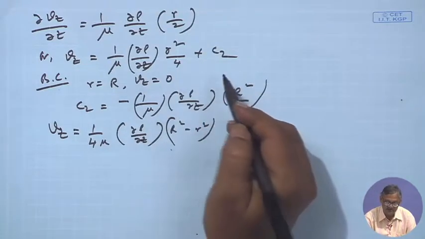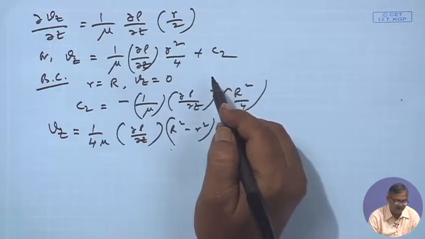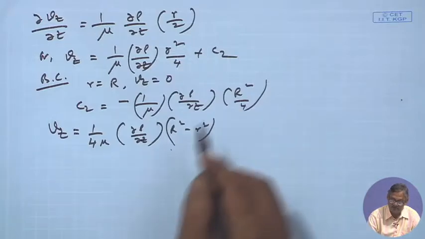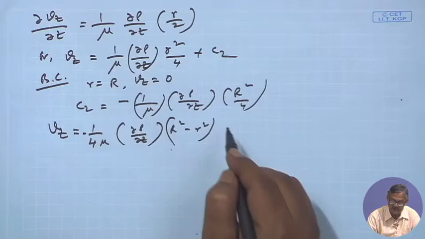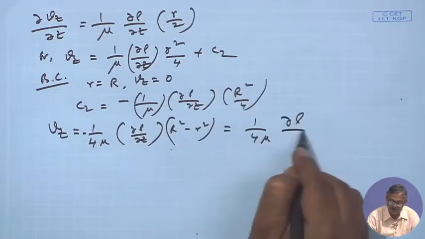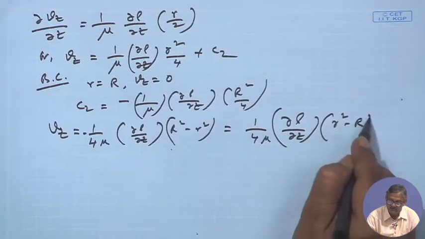C2 is this, with a negative, because that is negative. So this can be written as (1/4μ)(∂P/∂z) into (r² − R²).